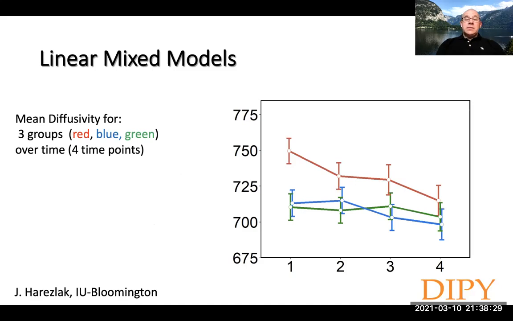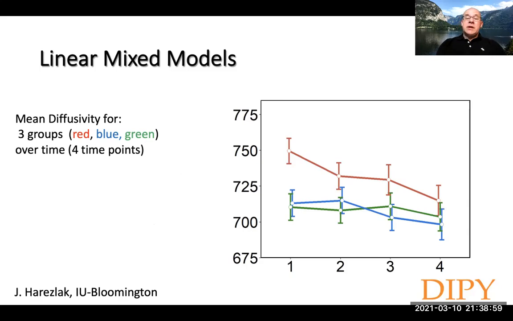So here, as one of the examples, when we used such a modeling strategy, here we had 3 groups for whom we're modeling the data. And here, many participants in the study had either 2, 3, or 4 observations. So these linear mixed models allowed us to model group-specific trajectories over time, over these 4 time points.